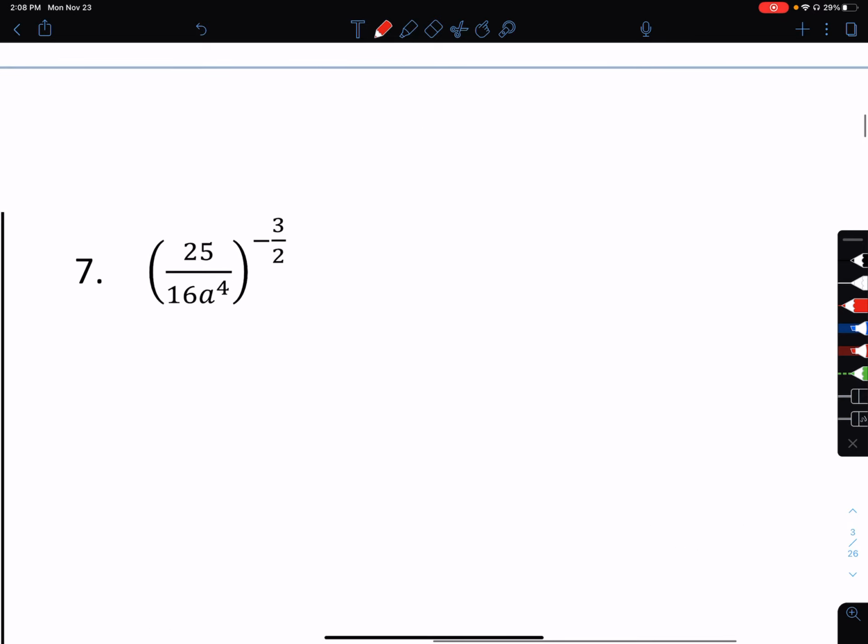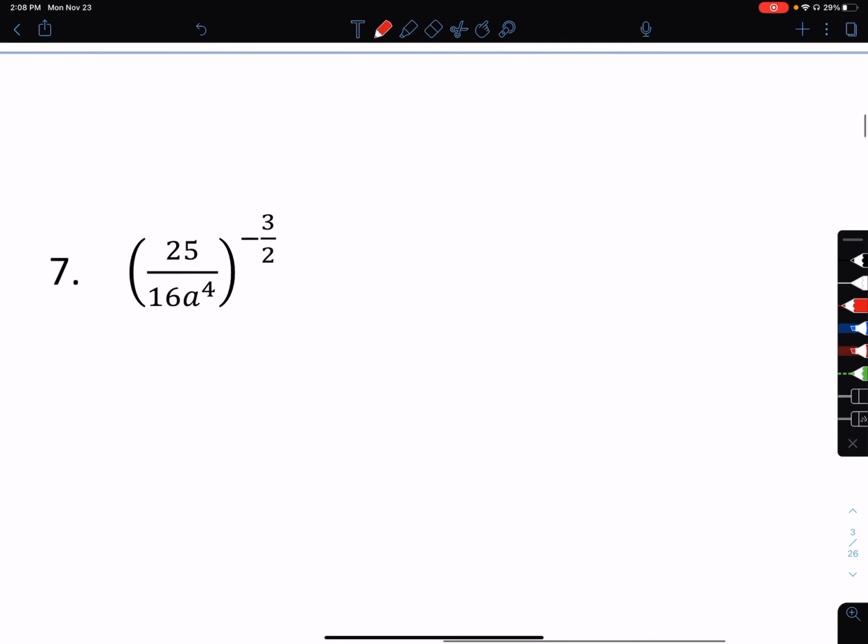Number 7, nothing to simplify on the inside. 25 and 16 have no common factors. We have no variables with the same base. So let's say that you don't want this negative exponent. We could make this a positive exponent by reciprocating the base of that exponent.